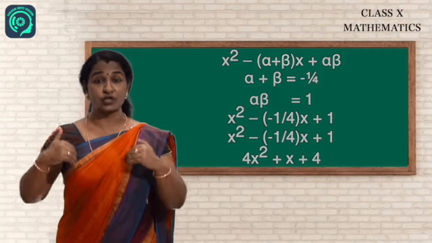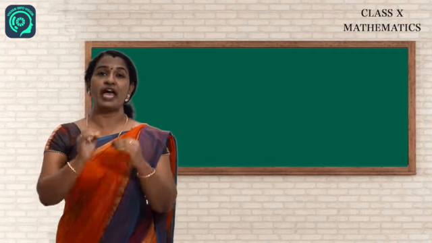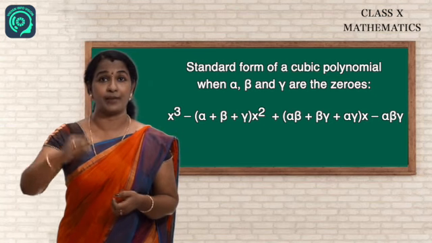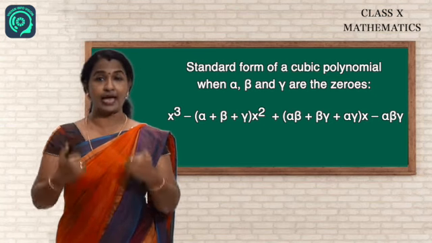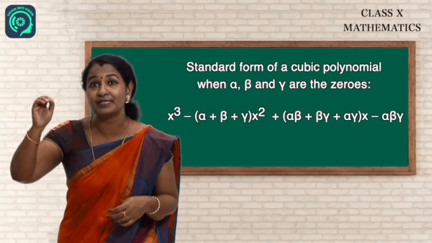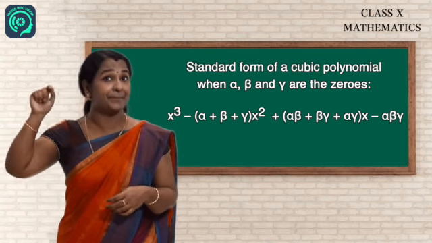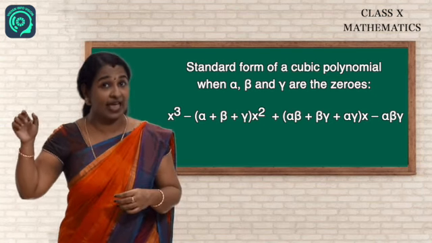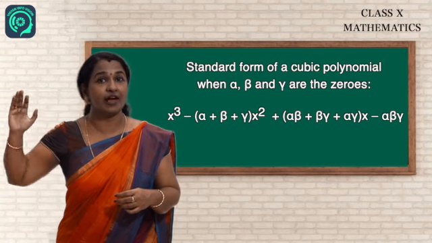Similarly, in case of a cubic polynomial also, we have a standard form. If alpha, beta, gamma are the zeros, the standard form is x cubed minus (alpha plus beta plus gamma) into x square plus (alpha beta plus beta gamma plus alpha gamma) into x minus alpha beta gamma.